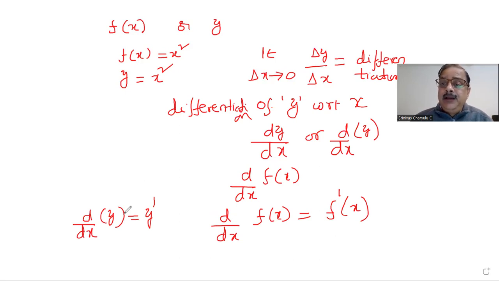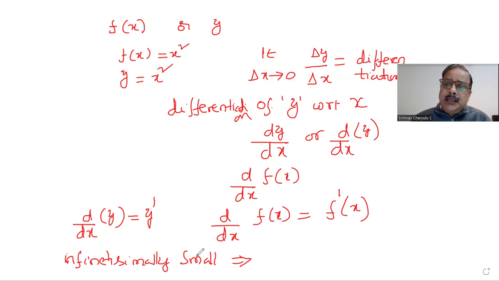Differentiation is nothing but the variation of a function. We also used one important word called infinitesimally small. Here, what we are trying to do is find the variation in the output, or in the y value, for a very, very small increment in the independent variable.